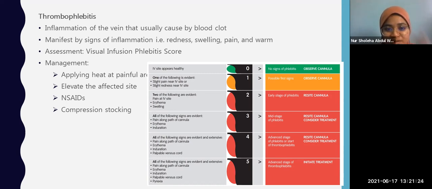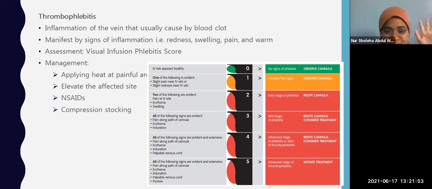For grade 3, the patient has all three signs: pain, erythema, and also induration. For grade 4, the patient has four of the symptoms: pain, erythema, induration, and also a palpable venous cord. And lastly, for grade 5, the patient has five of the symptoms: pain, erythema, induration, palpable venous cord, and also pyrexia.